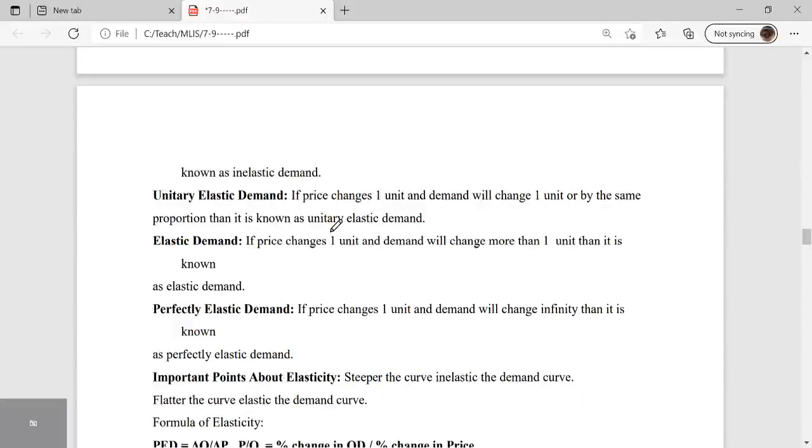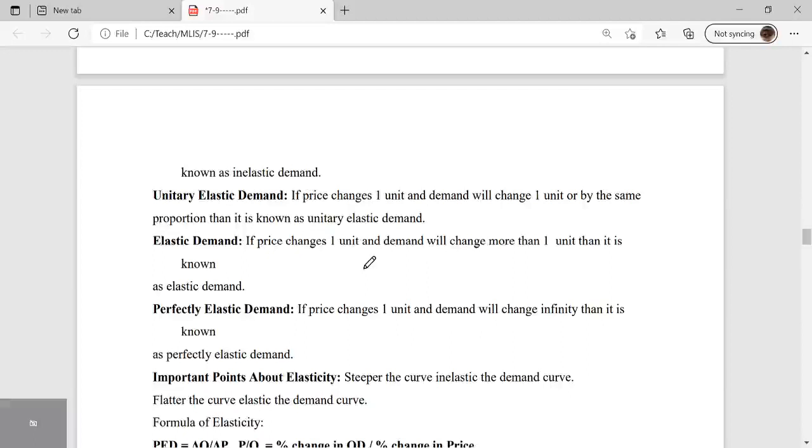And for elastic demand, if price changes by 1 unit, the demand will change by more than 1 unit. Okay, and for perfectly elastic demand, if price changes by 1 unit, the demand will change infinitely. So it's like unlimited change will be there.